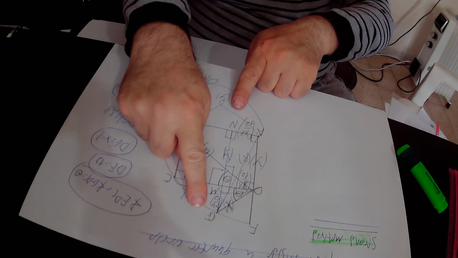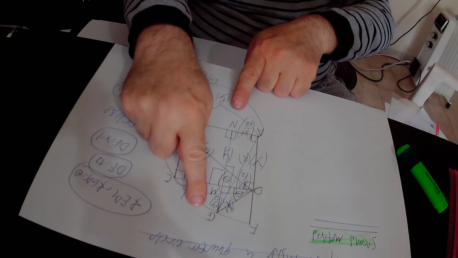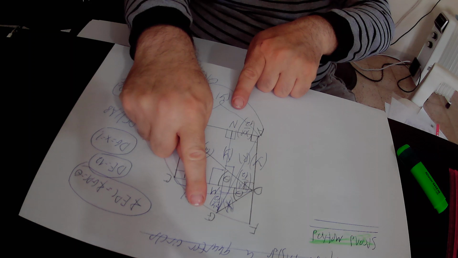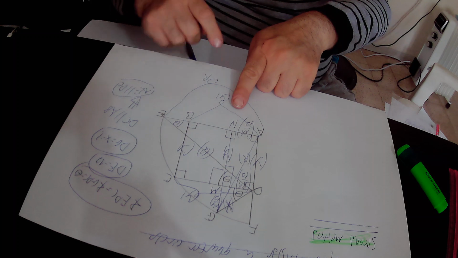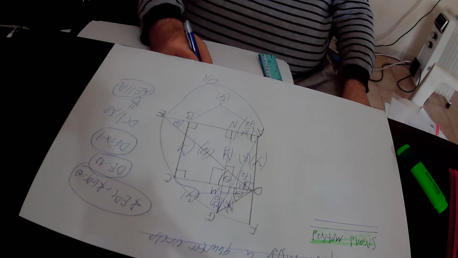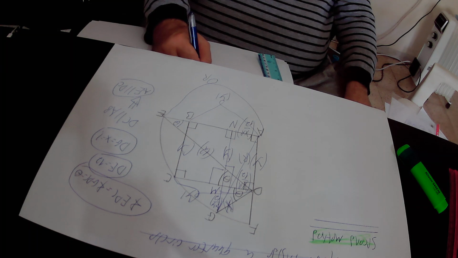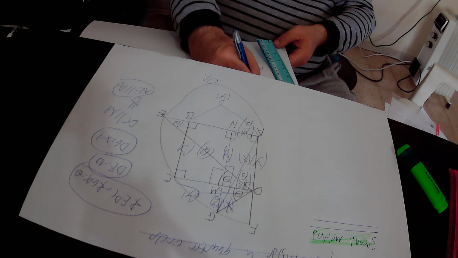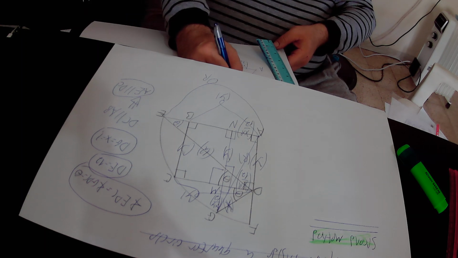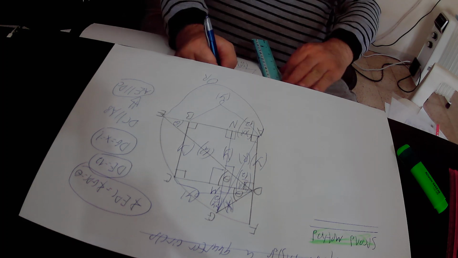That is to say, GN equals GM, that is XY over 12, plus MN, that is Y. So in total, GN equals XY over 12 plus Y. Here, PT is the relation for the Pythagoras theorem.